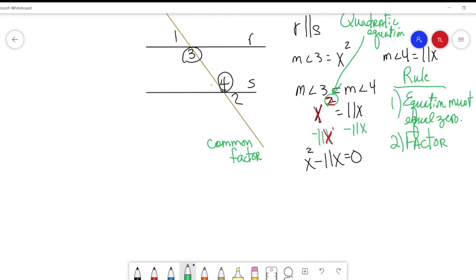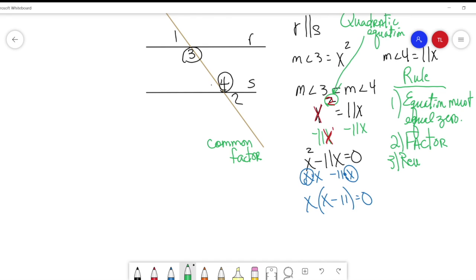The common factor here: x squared is x times x, and 11x is 11 times x. So this x and that x are a common factor. They both have an x, and you factor it out. That means you put an x, then a parenthesis, just like that.